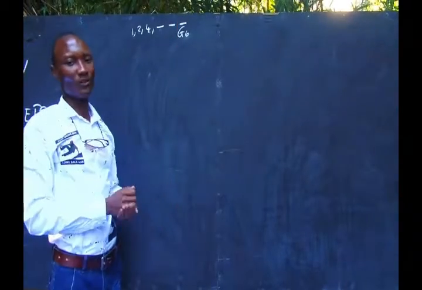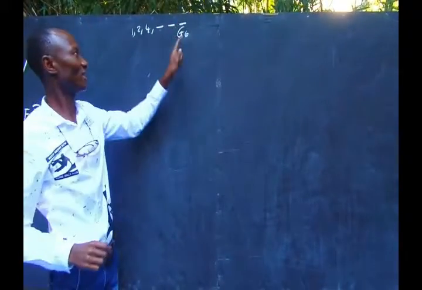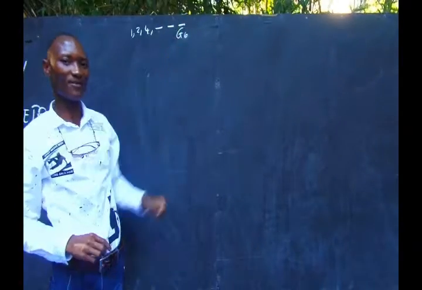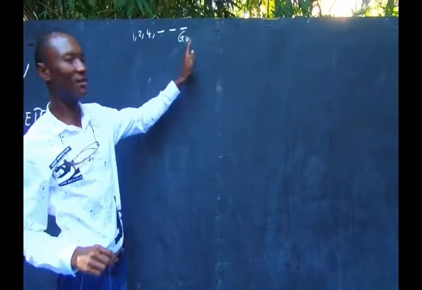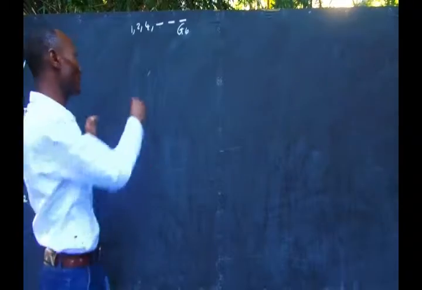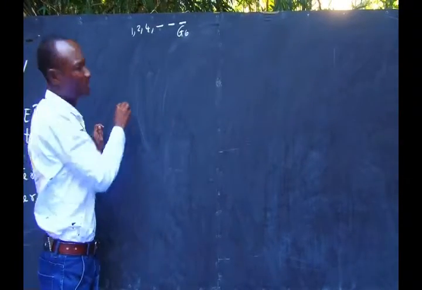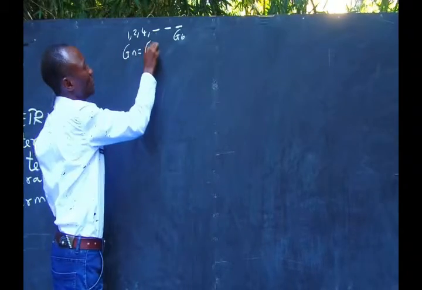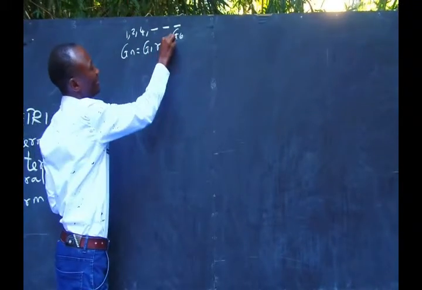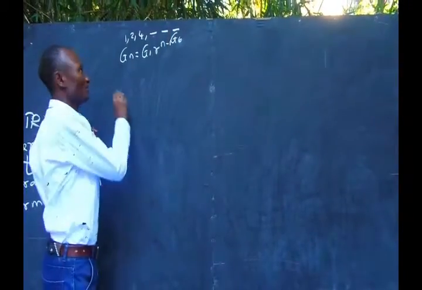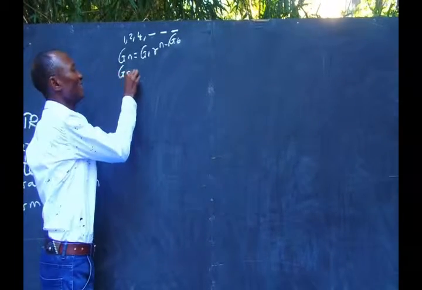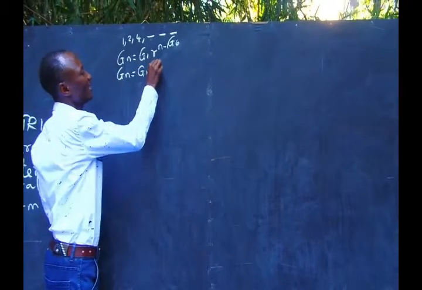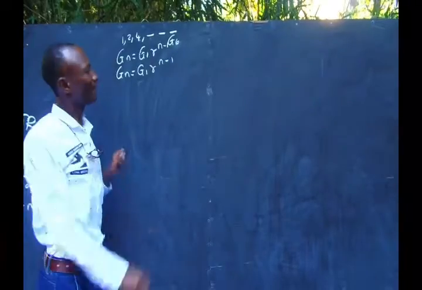Terms of geometric progression which are unknown can be found by this formula: Gn is equal to G1 times R power n minus 1.